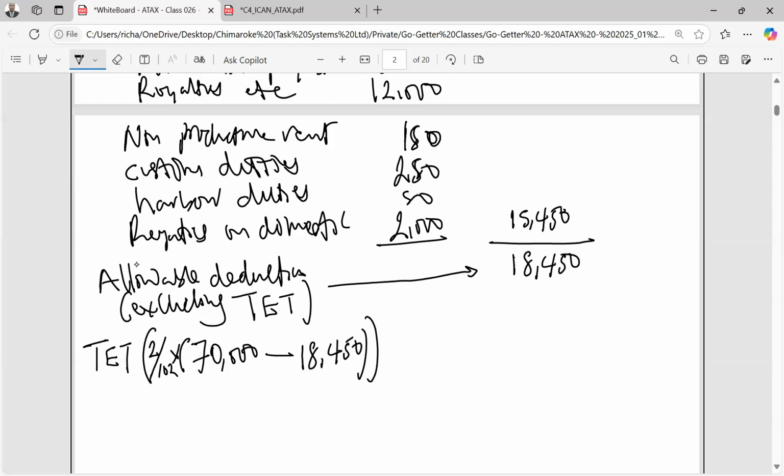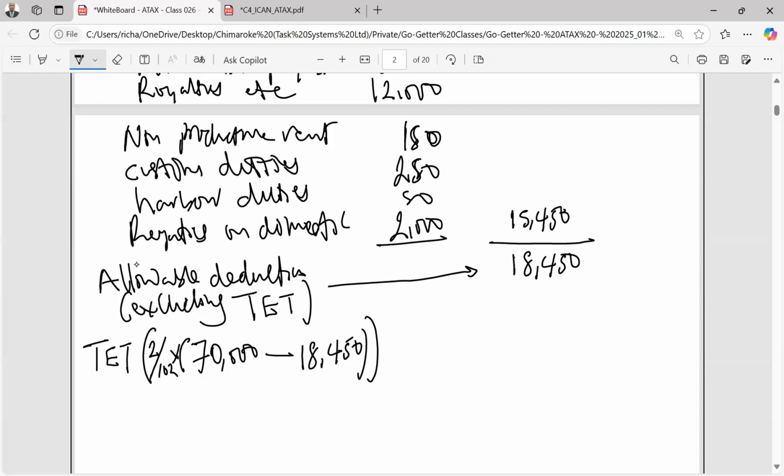Now if TET is 2.5%, depending on the year, it's going to be 2.5 over 102.5. If our TET is 3%, it's going to be 3 over 103. As at now, it is 2%.